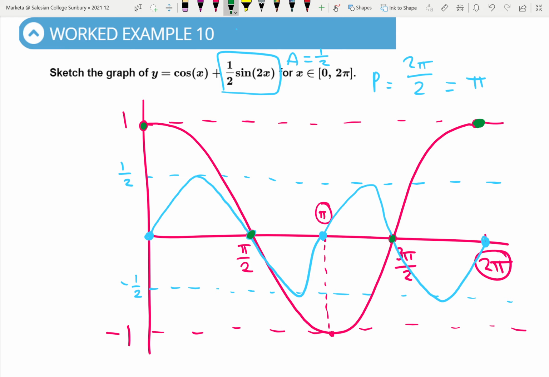Now we just have to think about what the shape is going to be in between. In between our first dot here and our second dot there, you can see that the pink value and the blue value are both positive. So if you have a positive value, let's say here, half, plus whatever this value here is, let's say that this is 3/4, half plus 3/4 is going to be higher than either half or 3/4 alone.